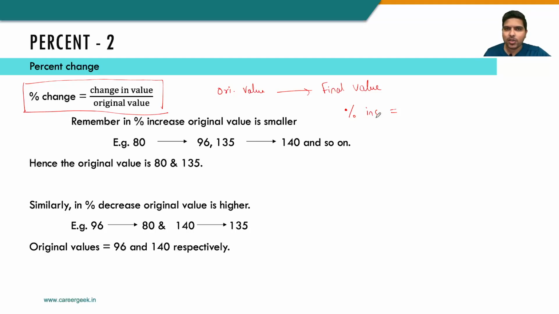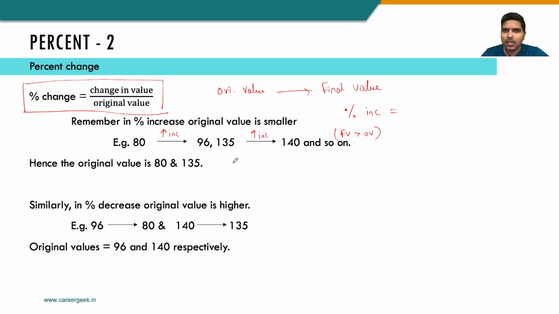For a percent increase, the final value has to be greater than the original or initial value, isn't it? Like in this case, 80 is becoming 96. Only then is there a percent increase. 135 becomes 140, there is a percent increase.